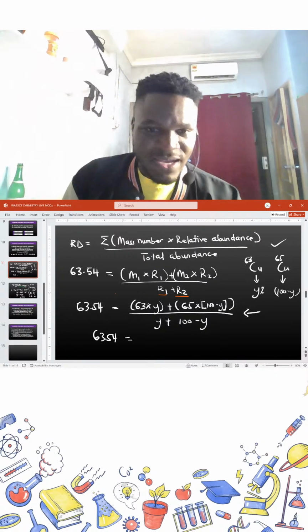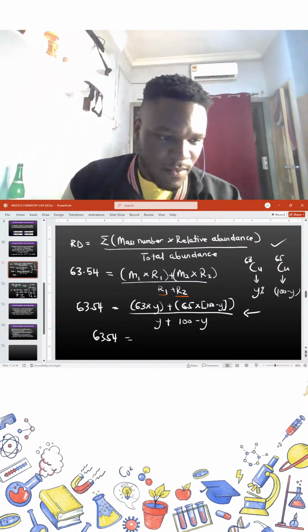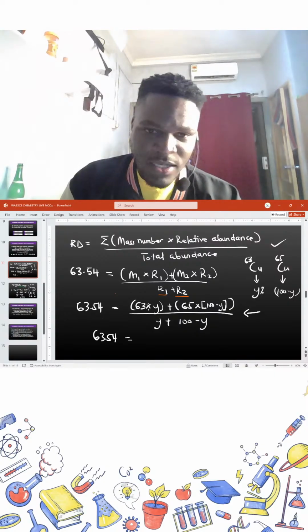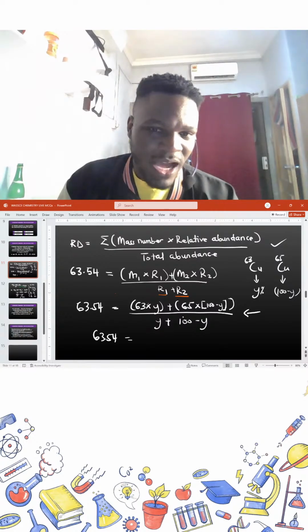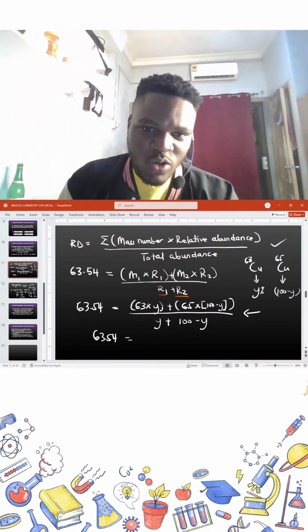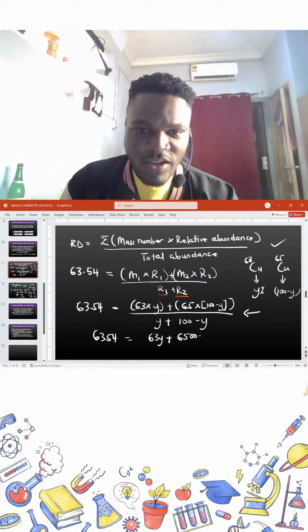Okay, I believe it does. So once the positive y cancels the negative y, we only have 100 left. All you have to do is expand the top. So 63 multiplied by y gives me 63y. Then plus 65 multiplied by 100 gives me 6,500. 65 multiplied by negative y gives me negative 65y.